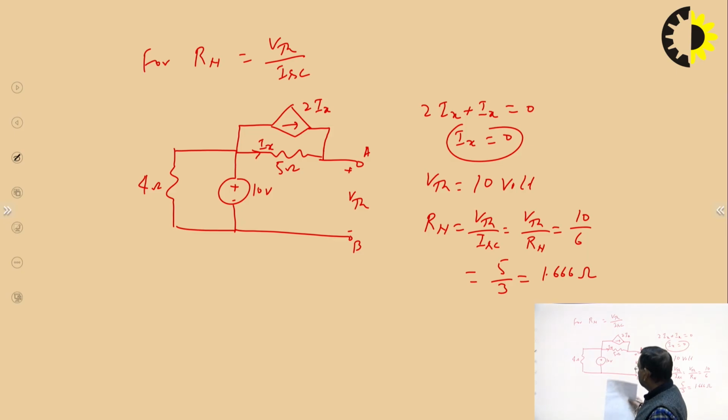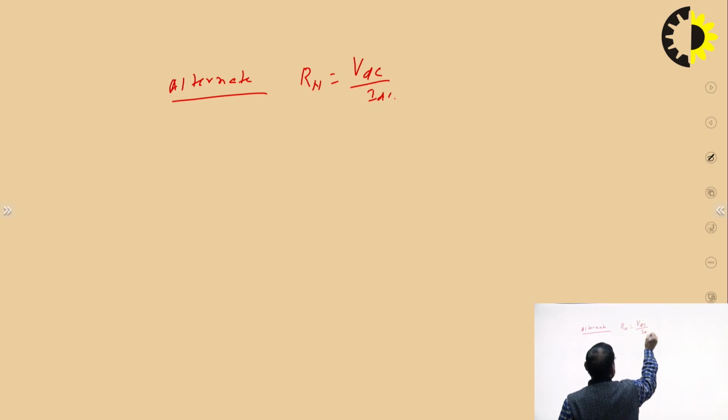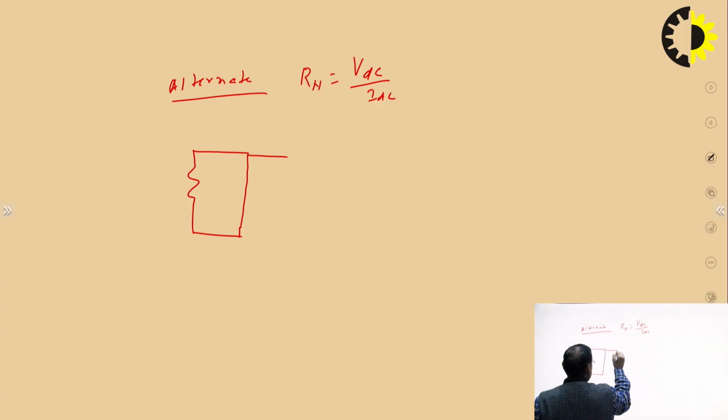So this way we can calculate the Rn, or we can just approach another method, VDC upon IDC. So very simple, alternate. So Rn is VDC upon IDC. So the circuit is like this. This is your 4 ohm. This 10 volt voltage source is replaced by its internal impedance. It is ideal in nature, so its internal resistance is 0.